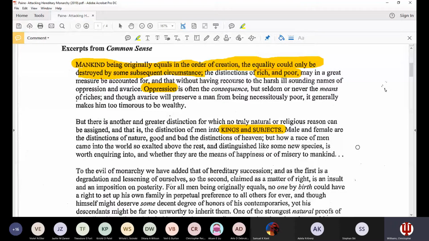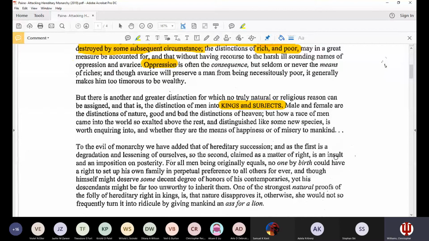But he says that the relationship between king and subject is unnatural, and even more unnatural is the idea that power or that difference is passed down from one generation to the next automatically without even thinking about it. Okay.